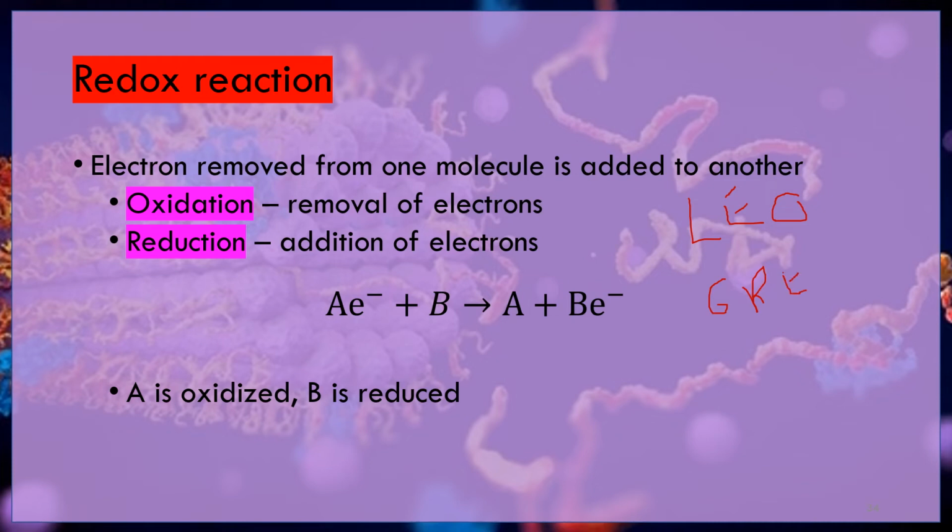Okay, so LEO GER: a loss of electrons is oxidation, and a gain of electrons is reduction. And as long as you remember that, you'll always know what oxidation and reduction mean when talking about these processes.